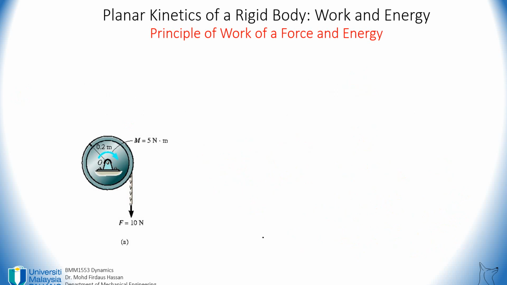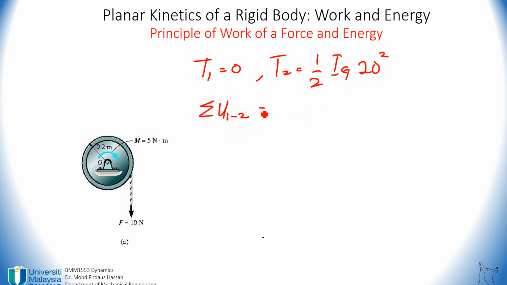So what we can say is T1 is 0, and T2 is 1 over 2 IG omega 2 squared, where omega 2 is 20 radian per second. So the work done from 1 to 2 is what?